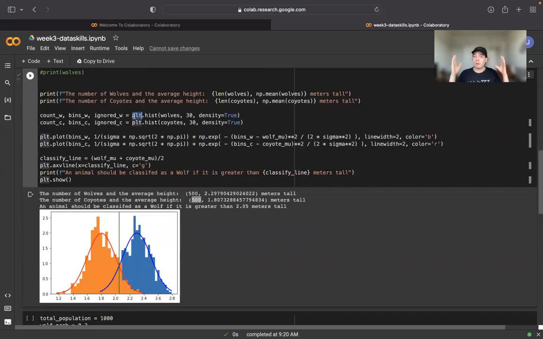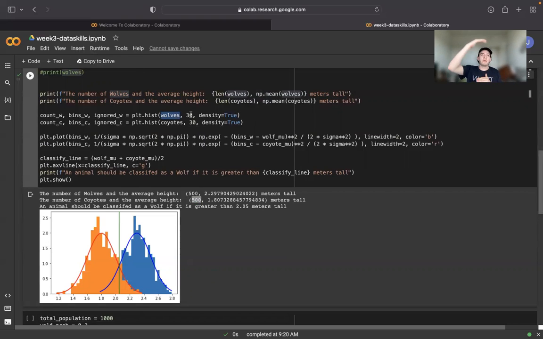Matplotlib is huge. There are a lot of different things you can do with it. We're just specifically going to be looking at the Python plots with the histogram. Just like before, we can use the array that we have generated. The second value is the number of bins. In a histogram, we chunk it out into individual boxes, or bins, where we want to say how many animals, wolves or coyotes, are between like 1.2 and 1.3, and that would be a bin.